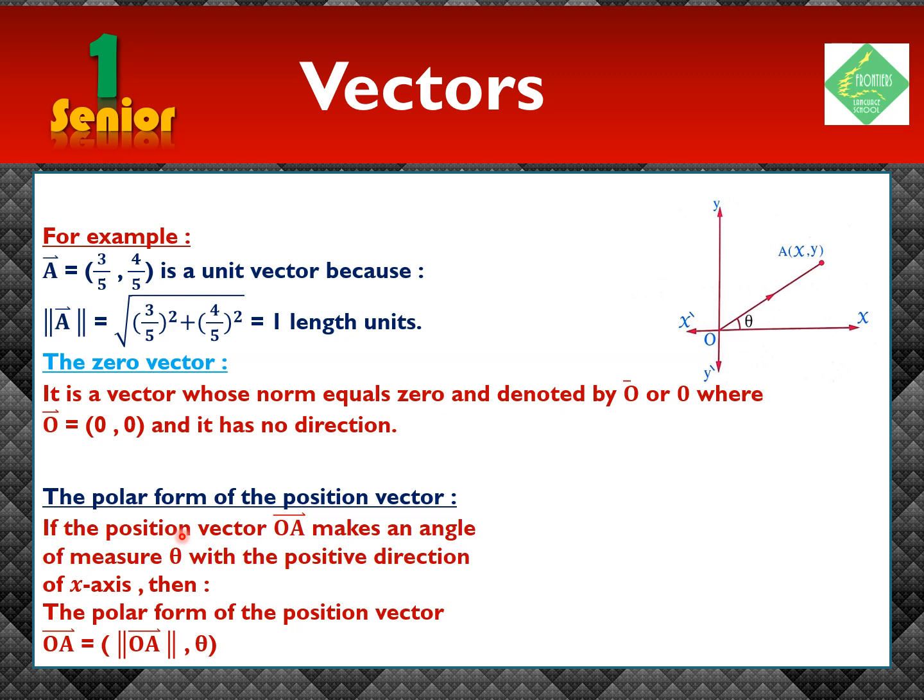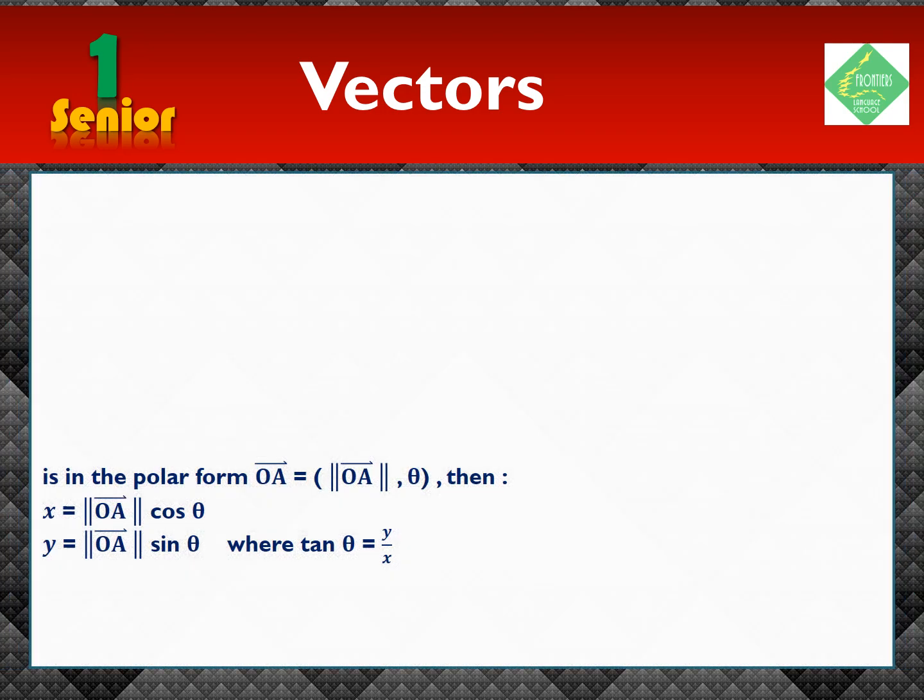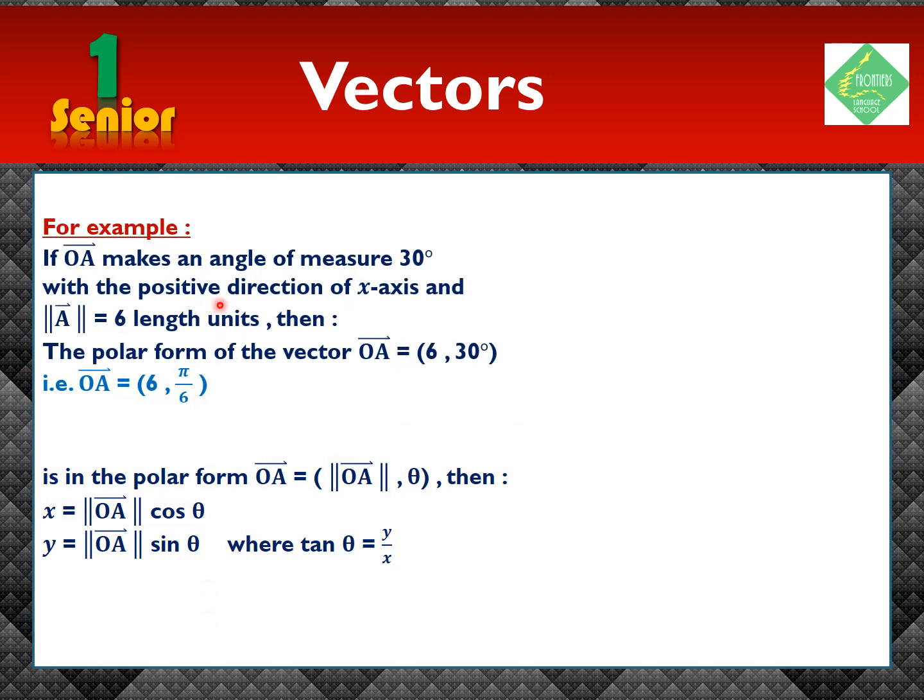To calculate the polar form of the position vector, OA equals a coordinates of x and y, where in x is the norm of OA, and in y is the inclination angle with the x-axis, which is theta. Let's take an example. If OA makes an angle of measure 30 degrees with the positive direction of the x-axis, and its norm equals 6 length units, then OA in the polar form equals a coordinates x and y.